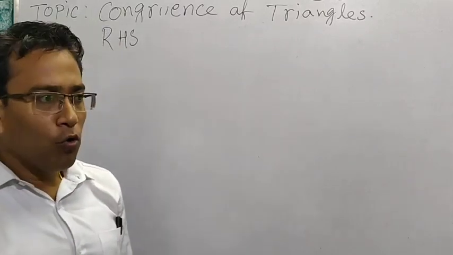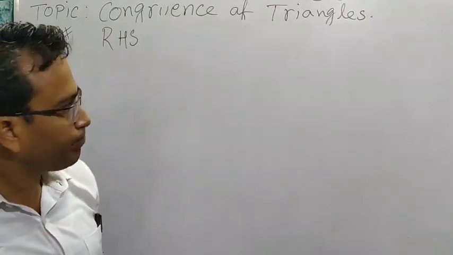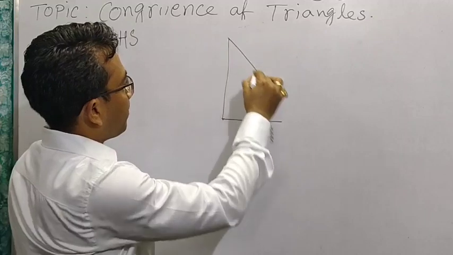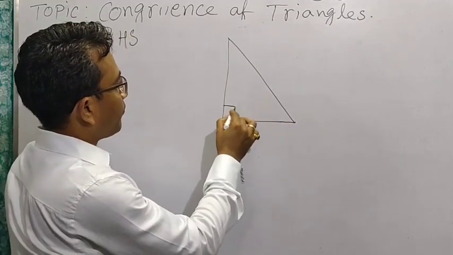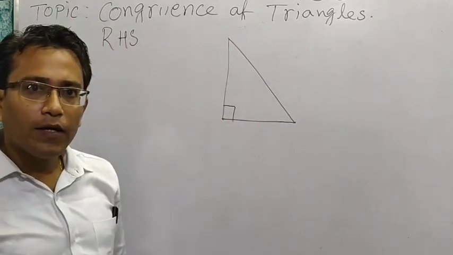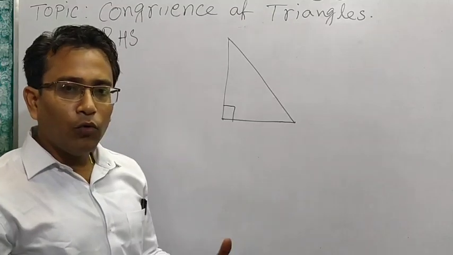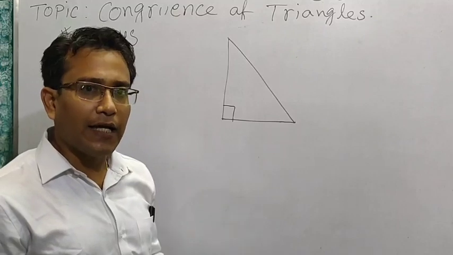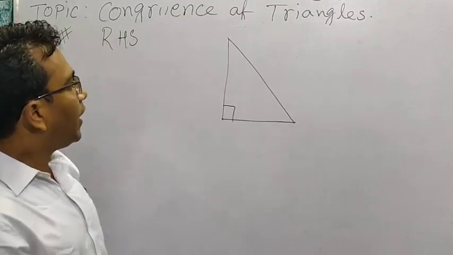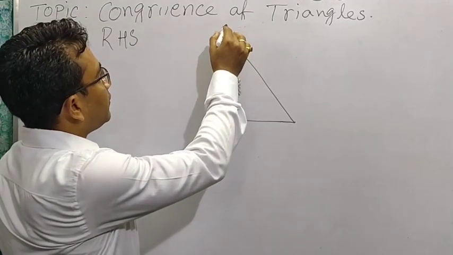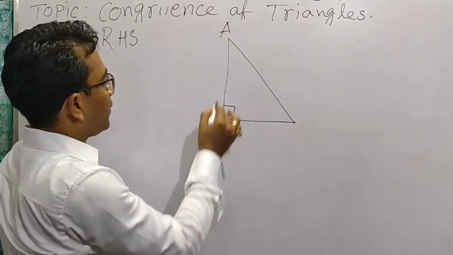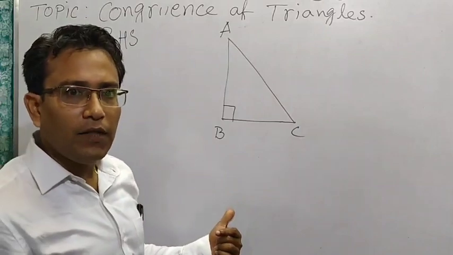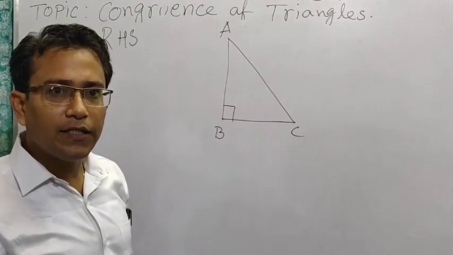We know what a right angled triangle is. A triangle with one angle of 90 degrees is a right angled triangle. Here ABC is a right angled triangle.